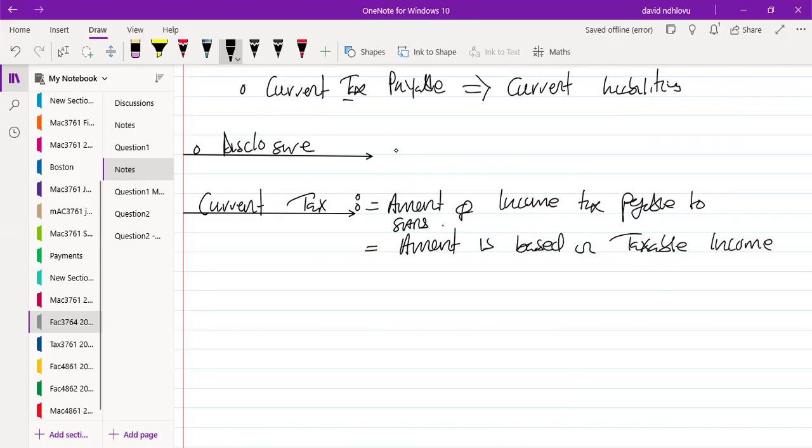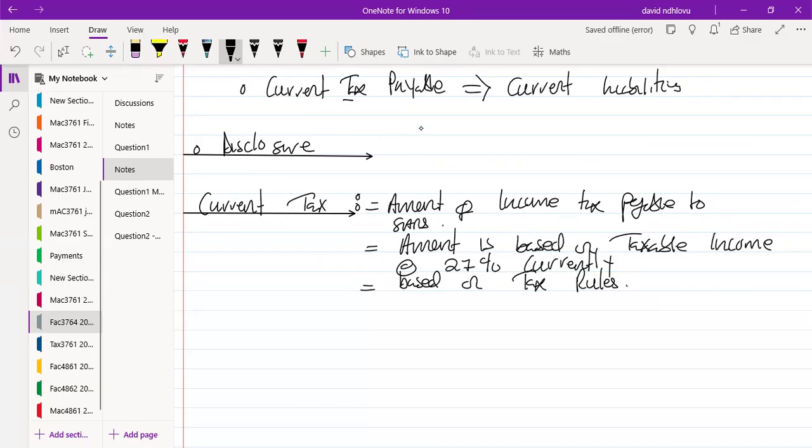This amount is based on taxable income at a rate of 27% currently. However, in questions, you must check the question for the rate. Sometimes they give you a different rate from 27%. This is based on the rules of taxation.